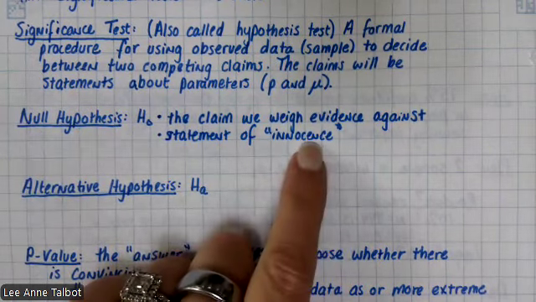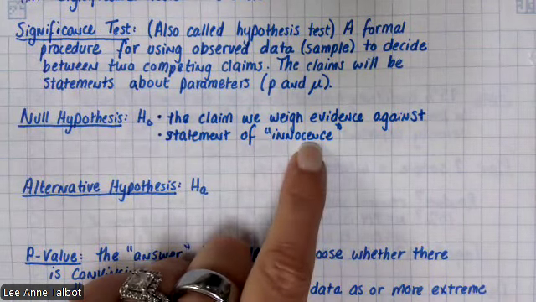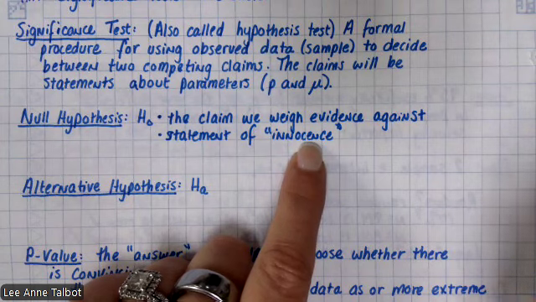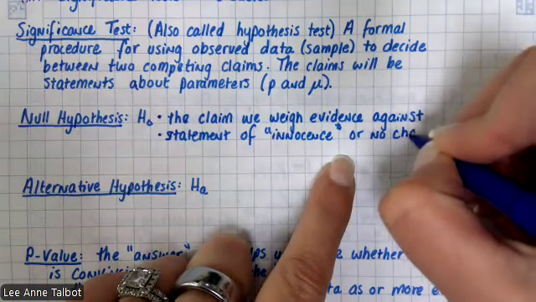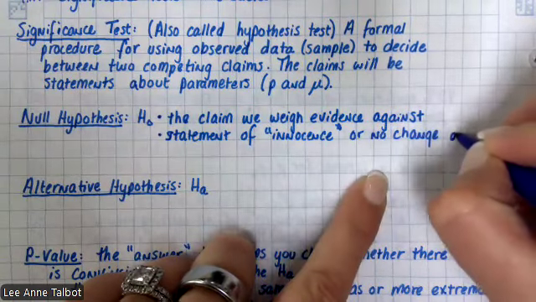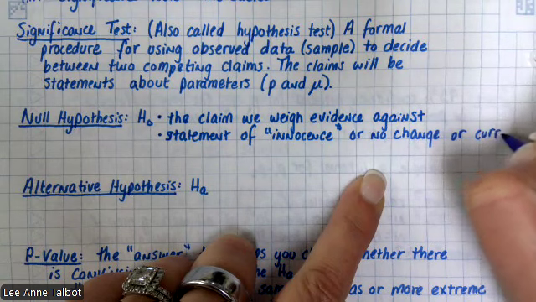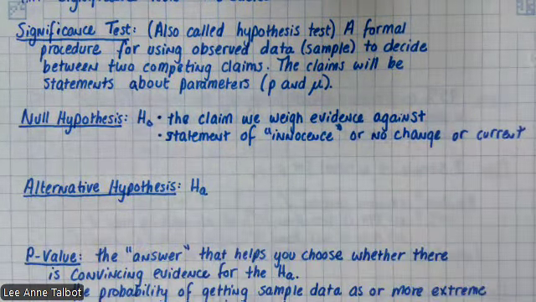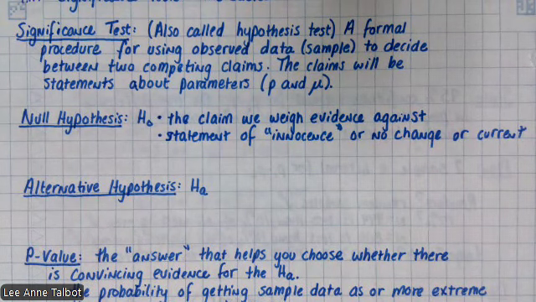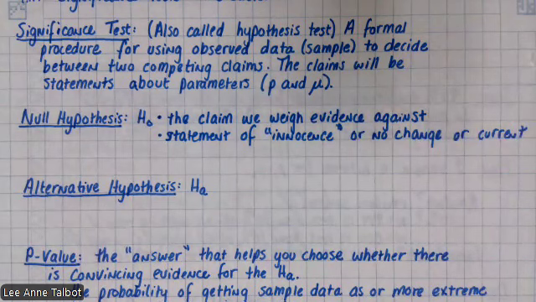So the null hypothesis is assuming innocence, or no change, or the current state. So nothing interesting is happening in the null hypothesis. Just how it normally is. I'm really trying to bury this stuff in your brain because it's kind of dry.